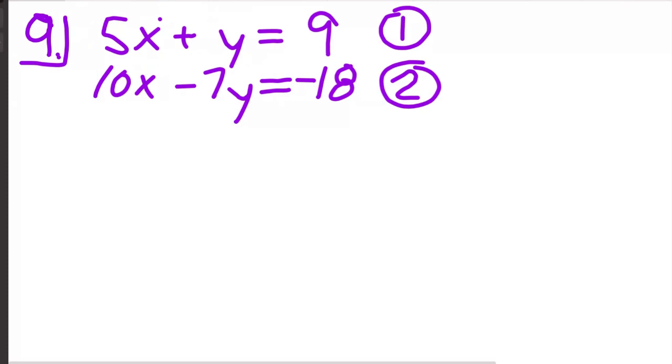We could multiply by 2 on this top equation. Why would we want to do that? Well, that would make this 10x. Or we could multiply the top equation by 7 on both sides. Then the y here would become a 7y, and we'd have two 7y's.